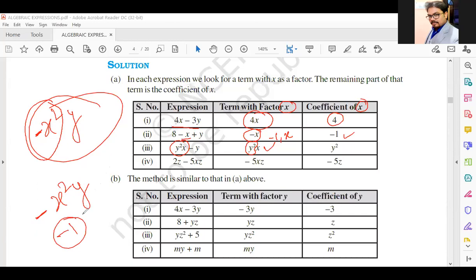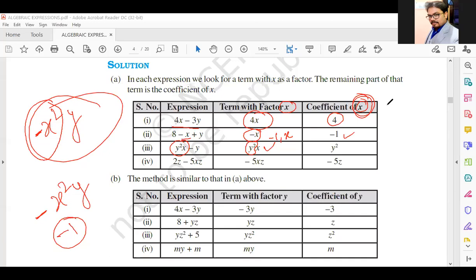The numerical coefficient will be asked separately. The coefficient of a variable will be separate. Both are different things. Maybe sometimes the answer will be the same. But the coefficient of a given particular thing is different from the numerical coefficient.